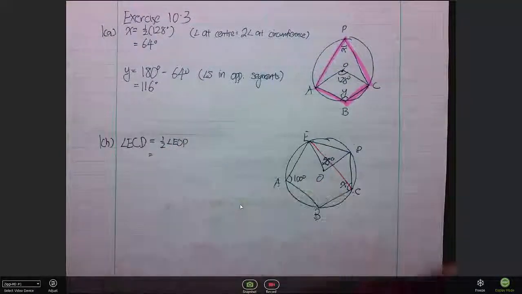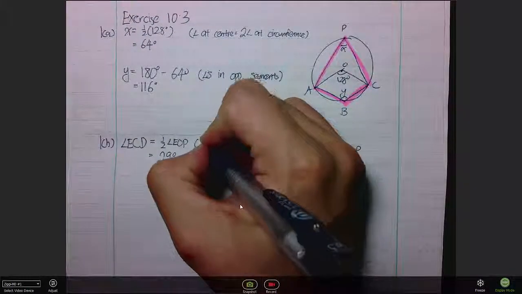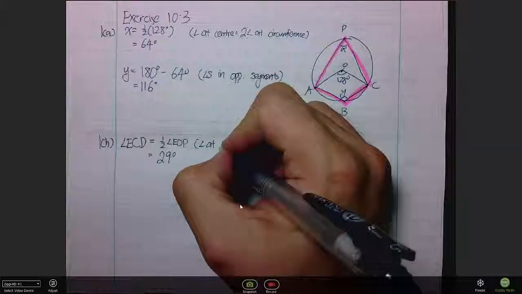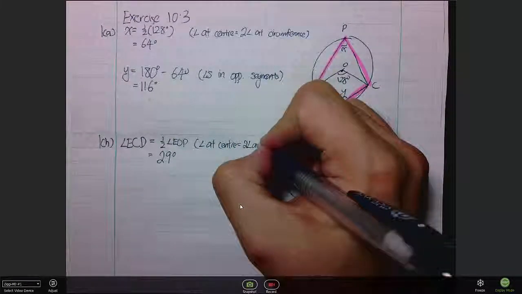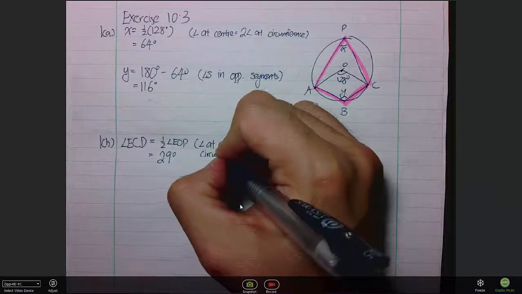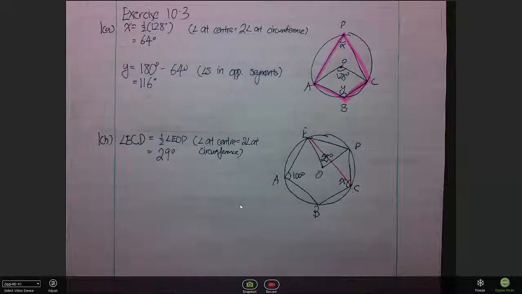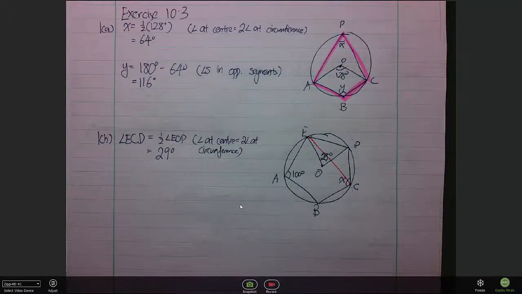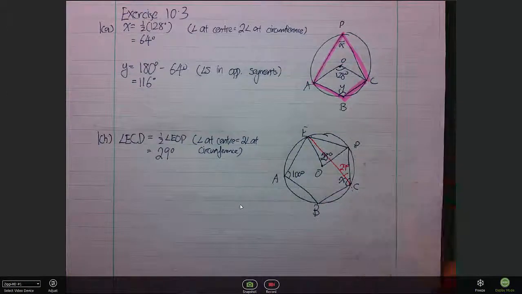So half of 58 degrees will give me 29 degrees. And write the reason: angle at center equals 2 times angle at circumference. There we go. So I'll just label what I have found so far. This angle here is 29 degrees.